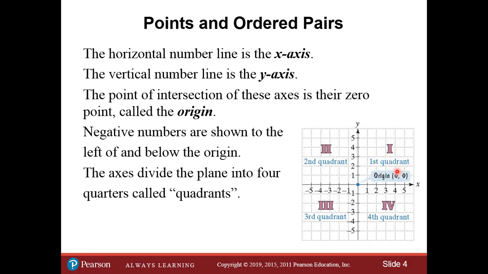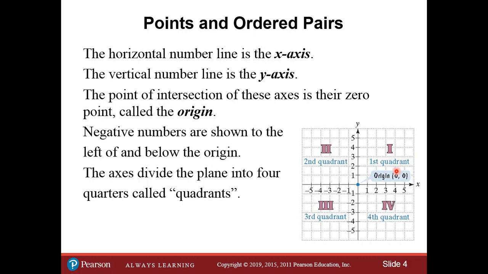Before I go any further, the x coordinate is the first coordinate in the ordered pair. So the first number is the x direction, and the second number is the y direction, or the y coordinate. If they're both positive, then you're in the first quadrant.